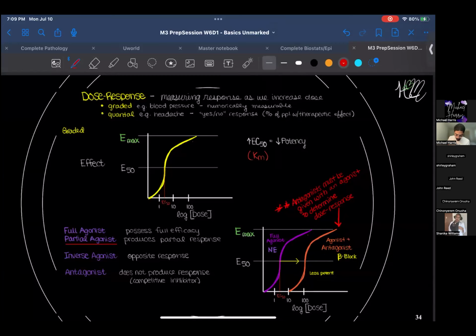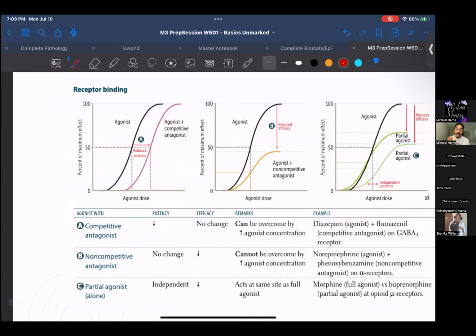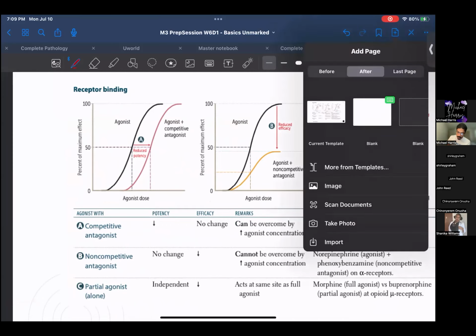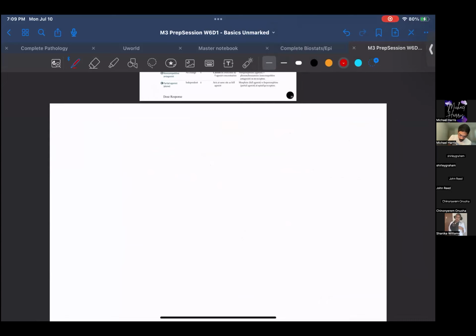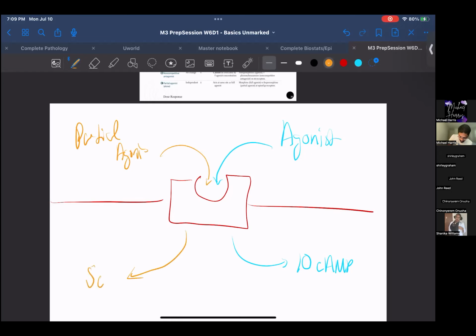This here is something that is very important to understand, though. Partial agonist. So, partial agonists play a different role. What I mean by this is, if you have a receptor, here's my receptor on my membrane, and you have agonist A, that if it binds, you get 10 cyclic AMP, and then you got partial agonist, that when it binds, you get 5 cyclic AMP.